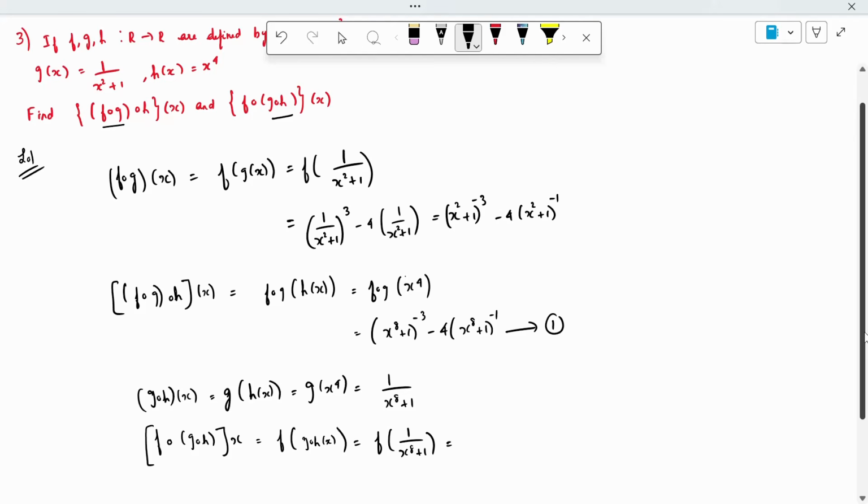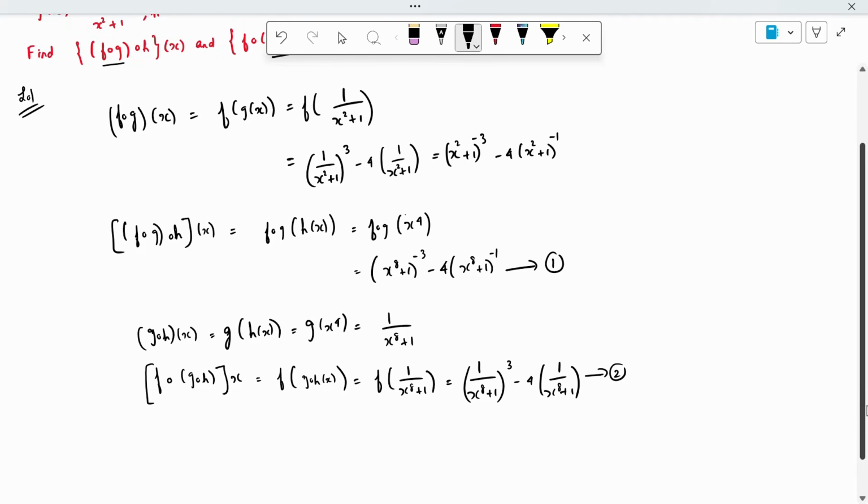It's nothing but this answer to the whole power minus 3. So it's 1 divided by x power 8 plus 1 the whole cube, minus 4 into 1 divided by x power 8 plus 1. So this is the second. Already we have proved both are the same.